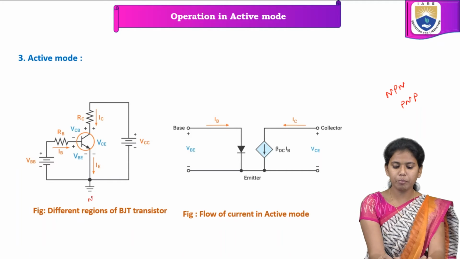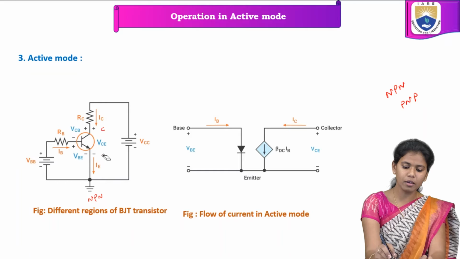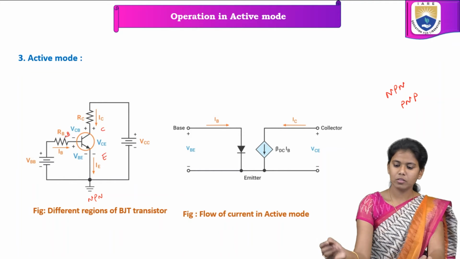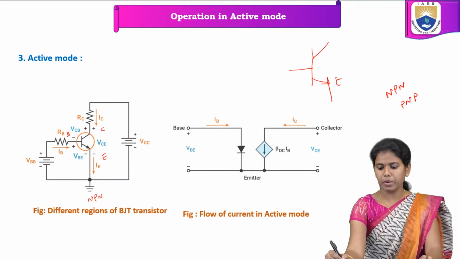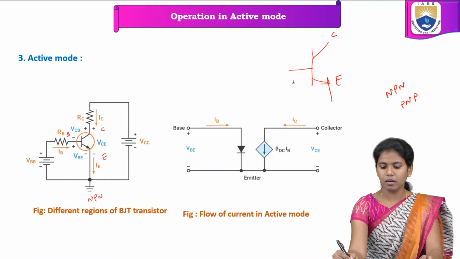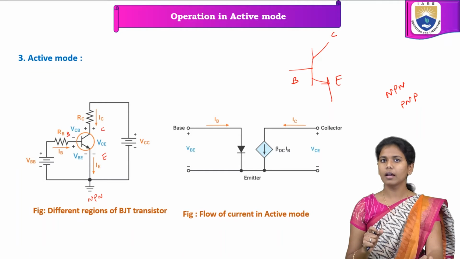So this is the NPN transistor. We know that this is the collector, this is the base, and this is the emitter. So the transistor has three terminals: emitter, collector and base.